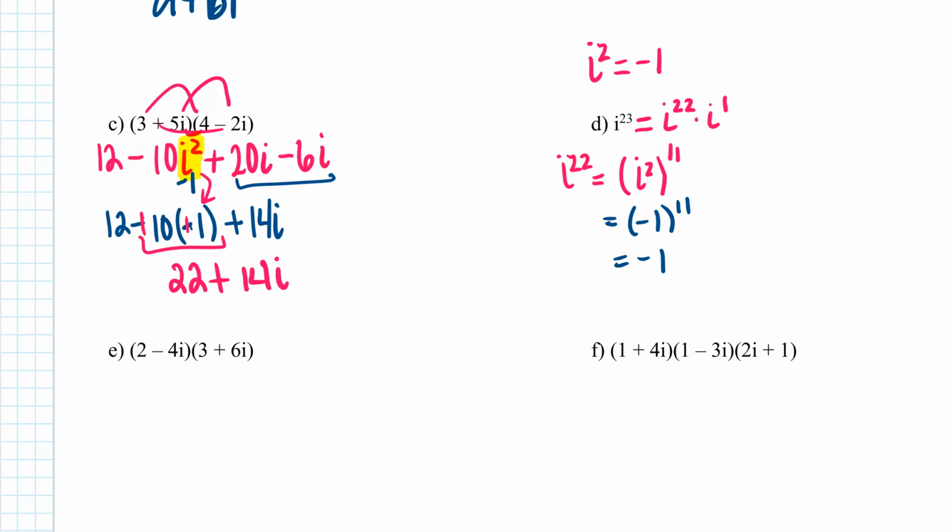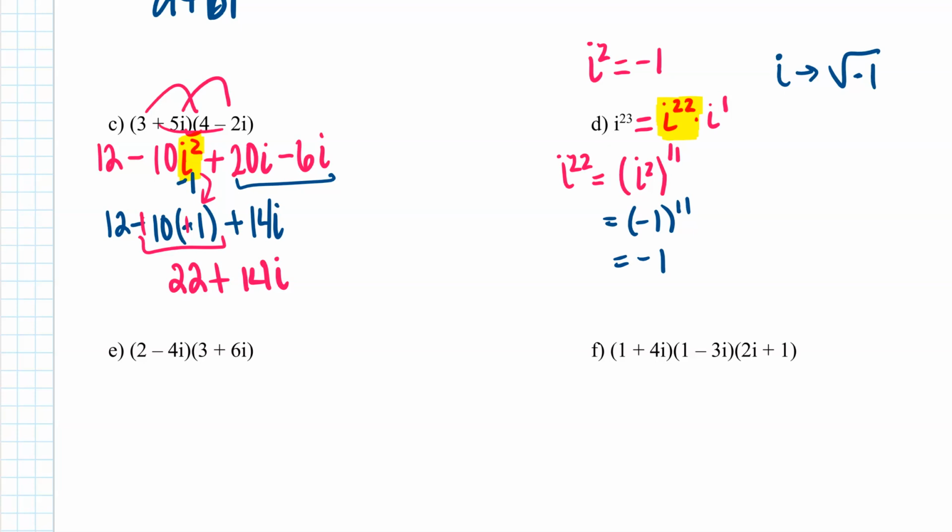So now i to the first, we're not going to rewrite it. We're not going to write it as the root of -1 because that's not simplified. They created this imaginary number with this letter for a reason. What you need to simplify is this even most power of i, of that imaginary number.